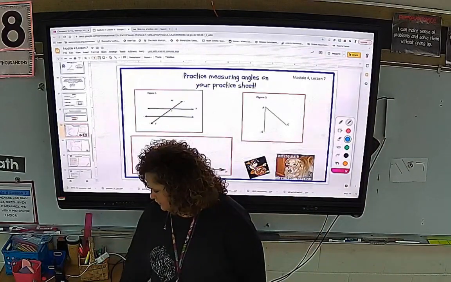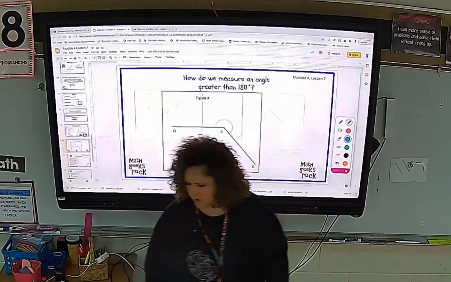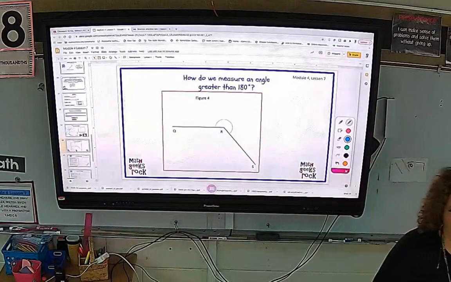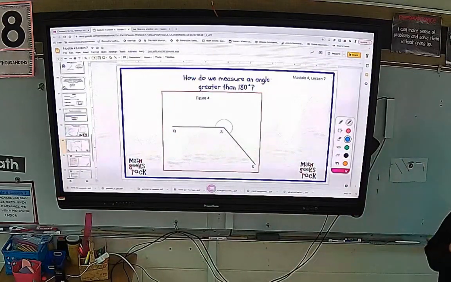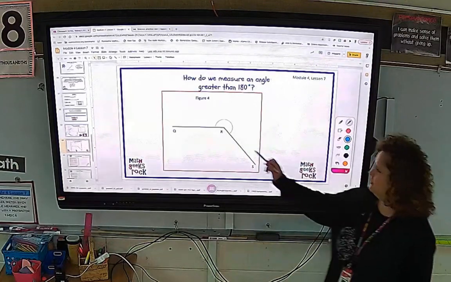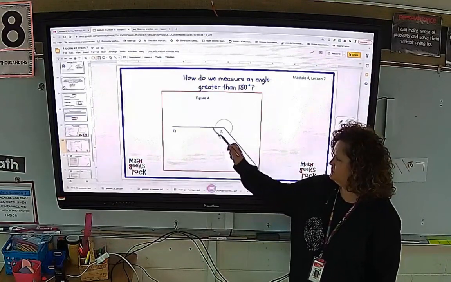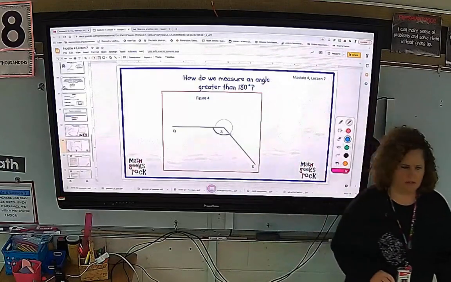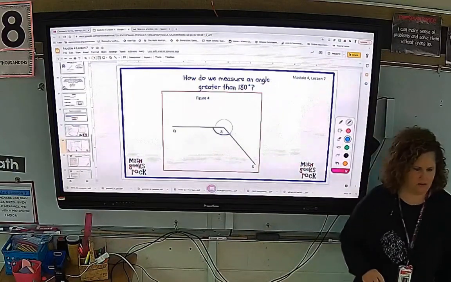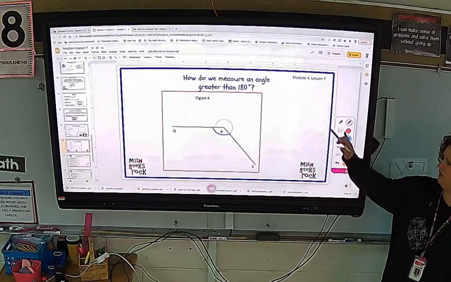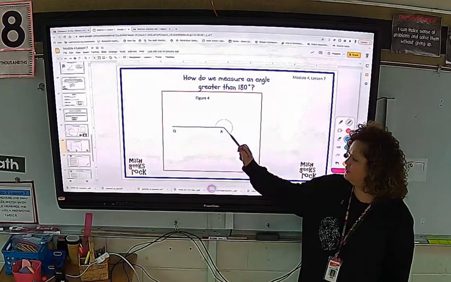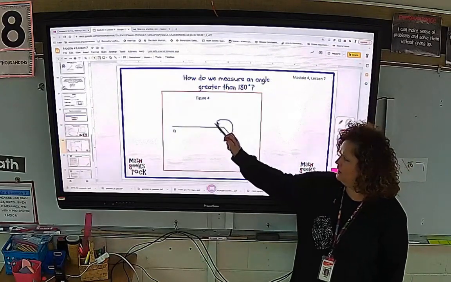Now the last figure, figure 4, looked like this. Listen to me. I think some of you turned your book and measured this angle right here, which is not what you were supposed to measure. How do you know that? Well, the arc is telling you what to measure, and the arc is right here.